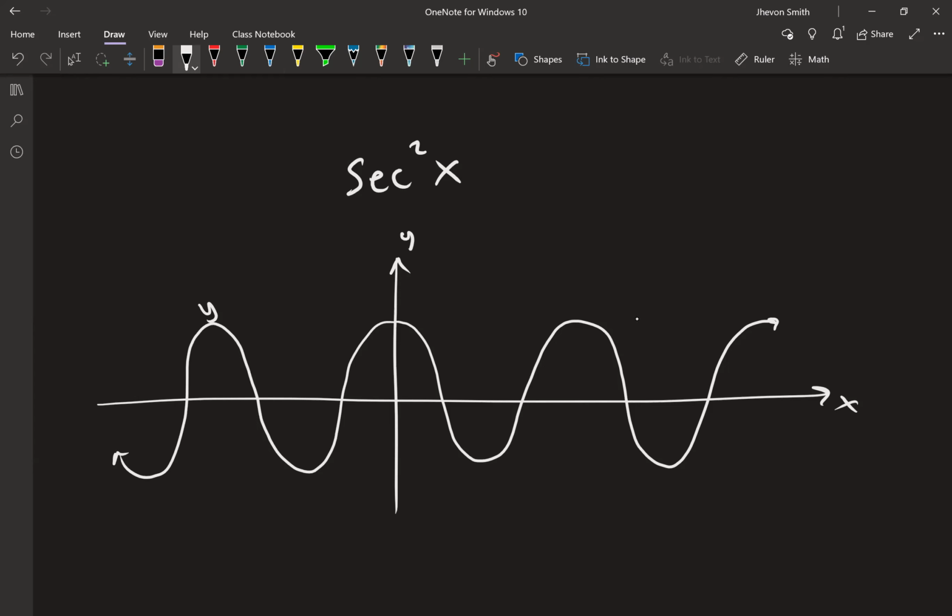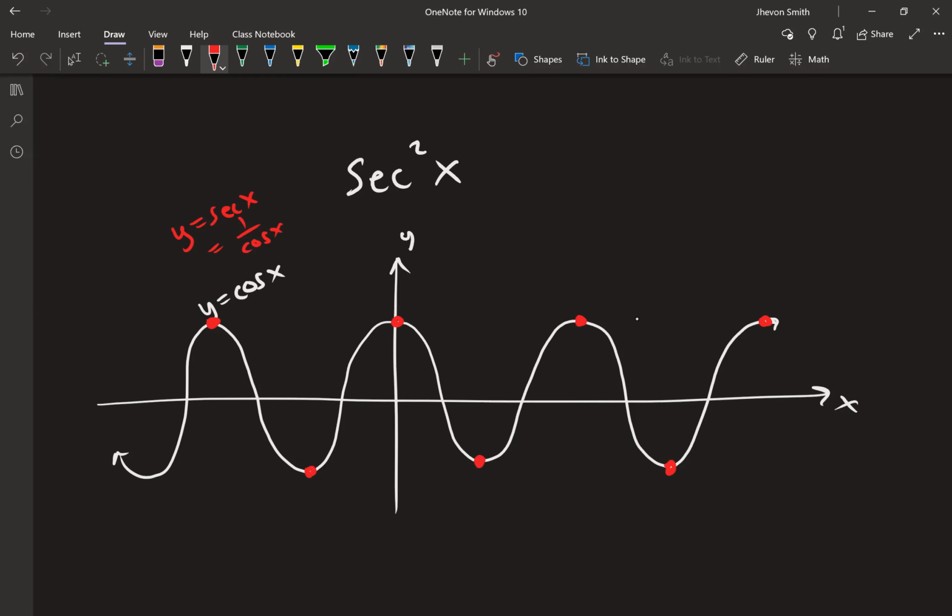So this is y equals cosine. Now your secant is actually 1 divided by cosine, which means whenever your cosine is 1, your secant is 1 as well. And whenever your cosine is -1, your secant is -1 as well.